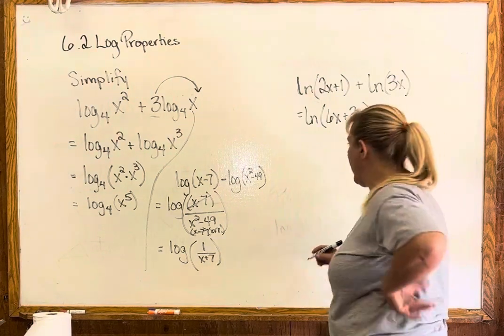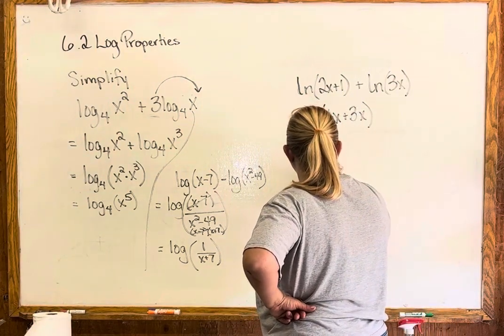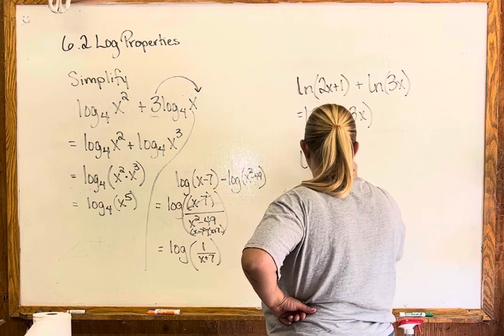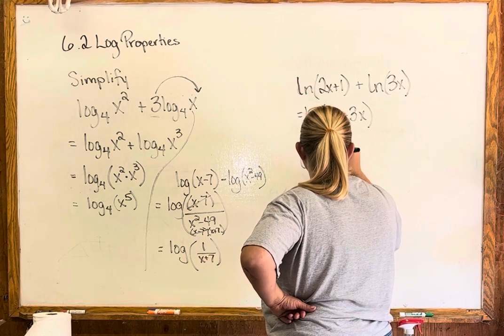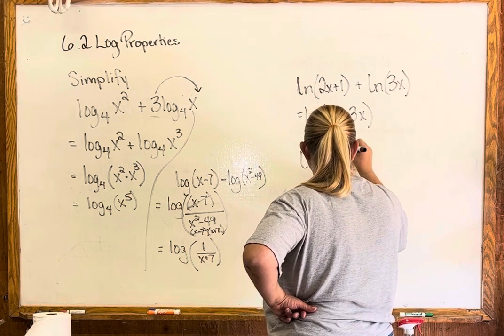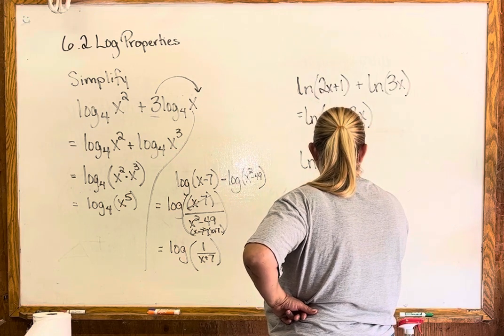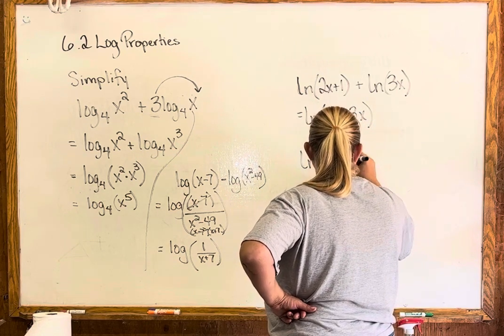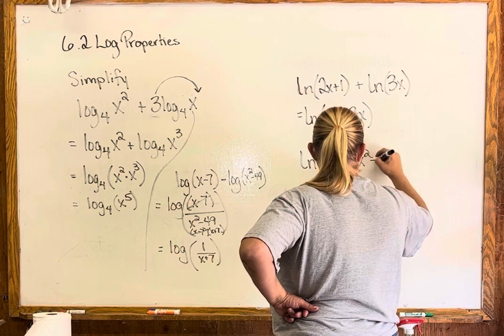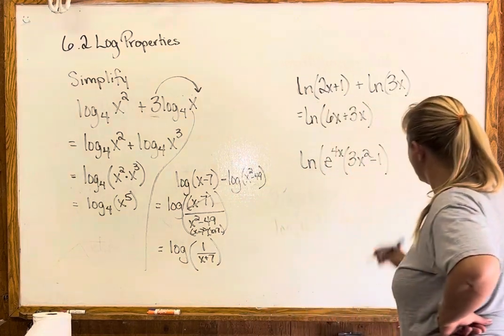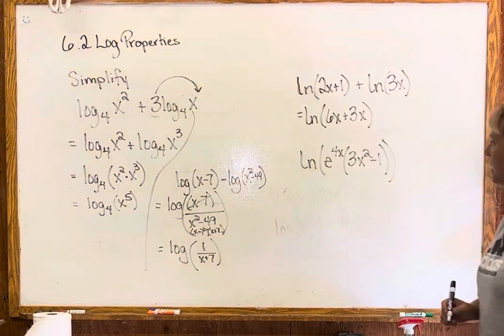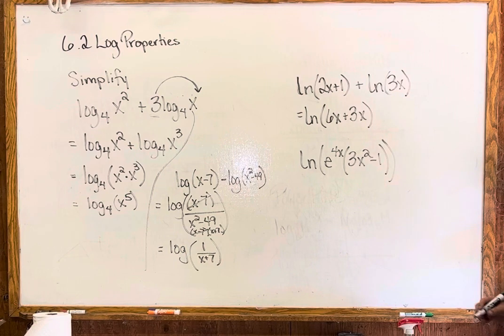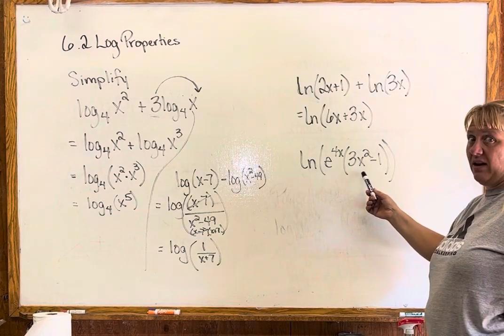Okay, let's see. How about this one? Let's go the other way. What if I gave you the natural log of e to the 4x times 3x squared minus 1. So this looks like kind of a mess, doesn't it?